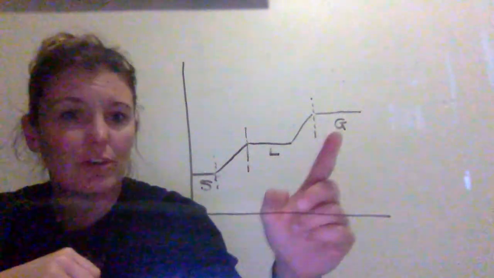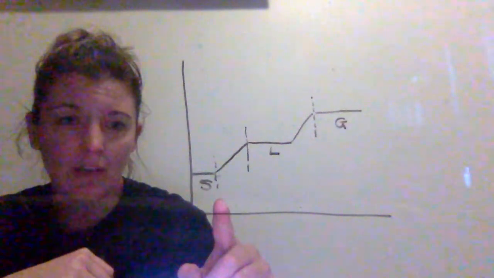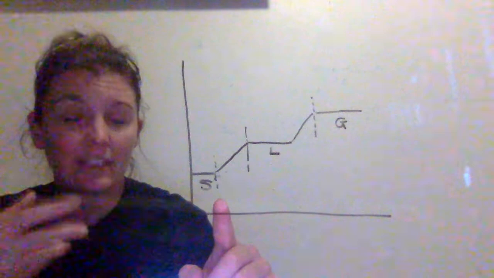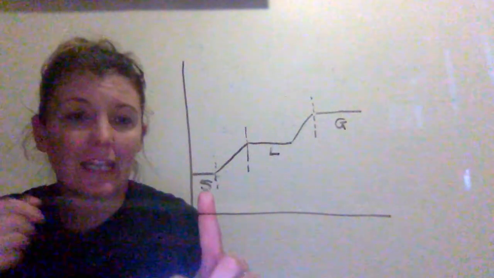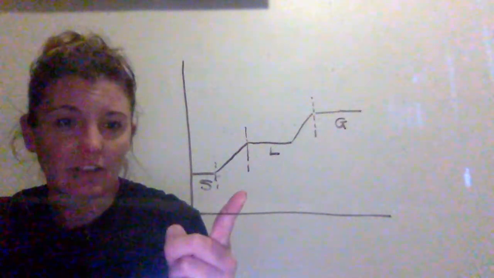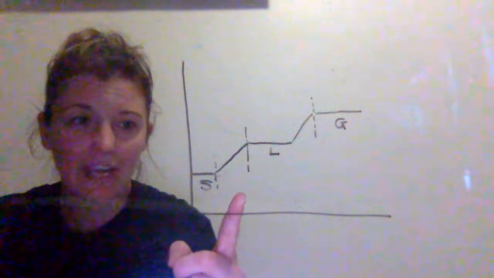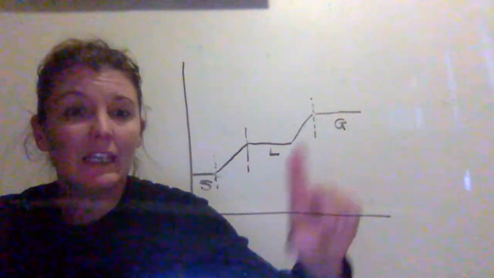So it's an exothermic reaction when it goes from a gas to a liquid and from a liquid to a solid, because it releases all that extra energy it used to have to go into a lower state of energy. So going down this way is an exothermic reaction. When we go up this way, it's an endothermic reaction, because they need energy for those bonds to break.